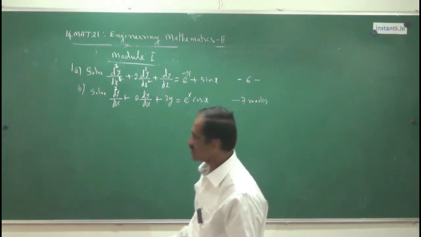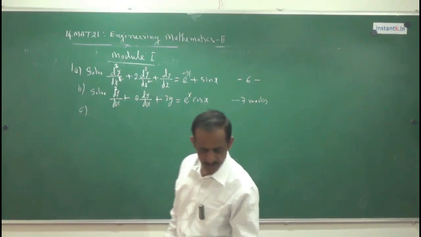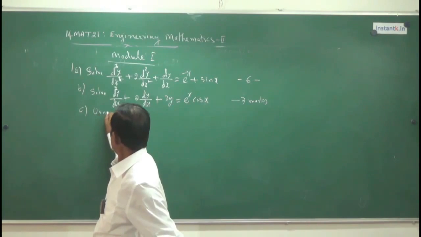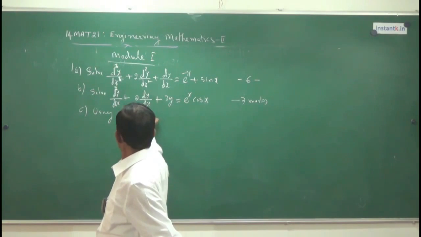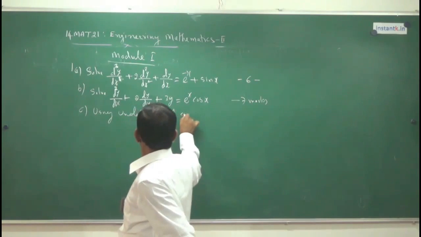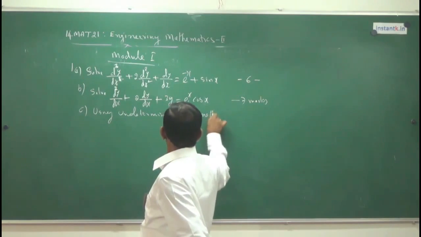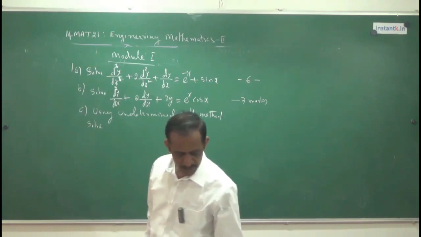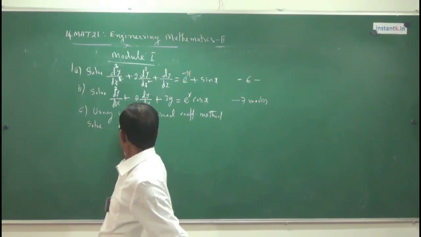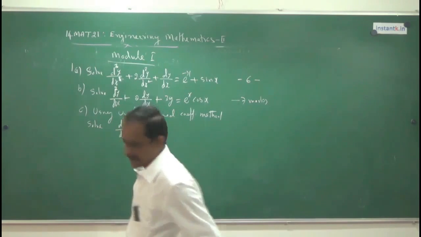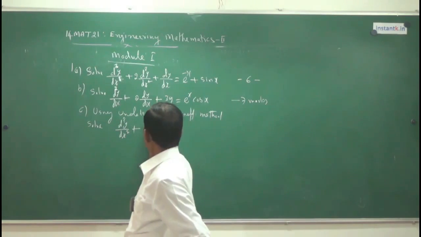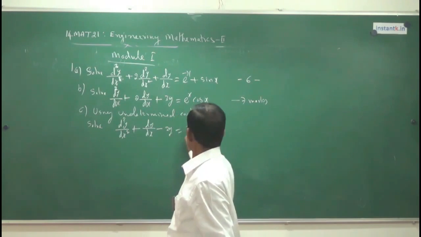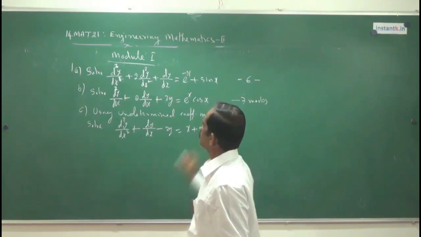The first one is for 6 marks, and the third is by the undetermined coefficient method. Using the undetermined coefficient method, solve the differential equation: d squared y by dx squared plus dy by dx minus 2y equals x plus sin x.